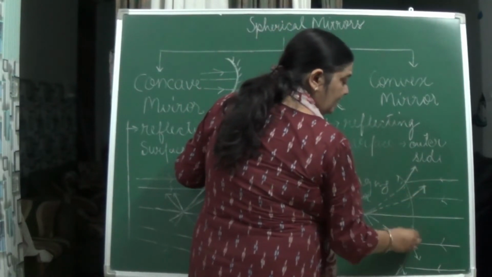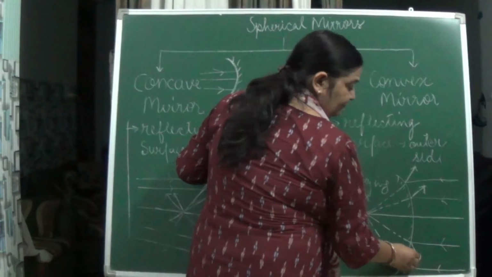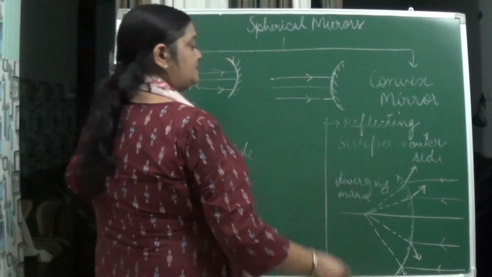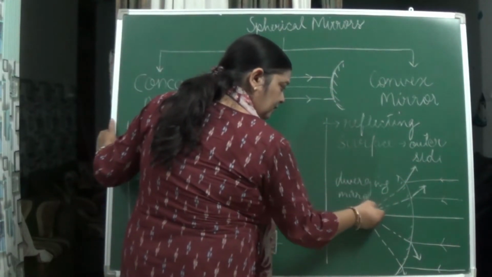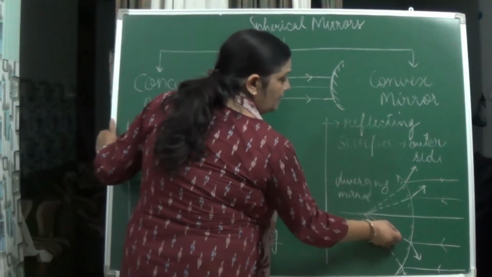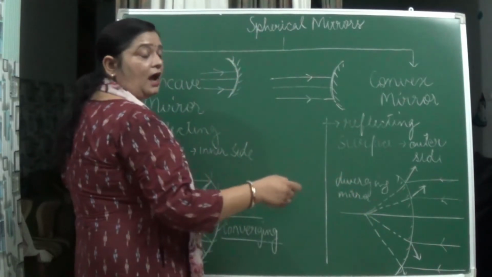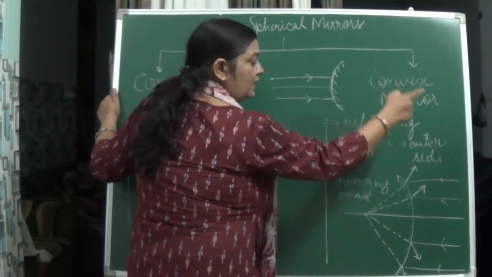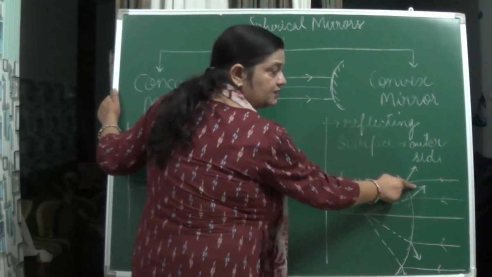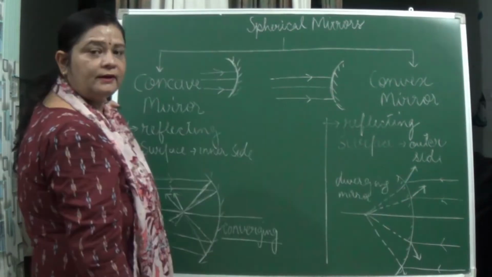They are not meeting at a point. But yes, inside the mirror, if we extend these diverging rays backwards, they meet at a point. But actually after reflection, in the case of a convex mirror, the rays are diverging. They are not converging.